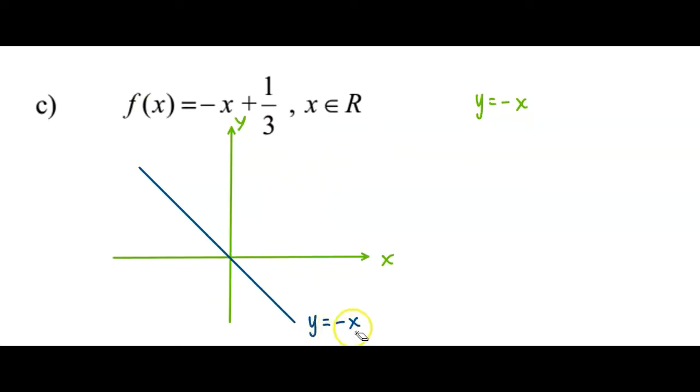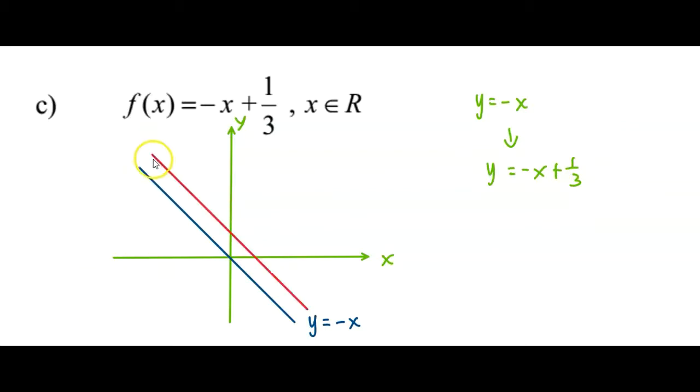From the y equals negative x, I'm going to sketch the graph of y equals negative x plus 1 over 3, because the function given here is plus 1 over 3. From the graph of y equals negative x, I'm going to move my graph up by 1 over 3 units. So it will become like this.